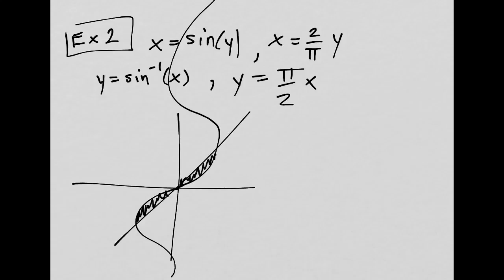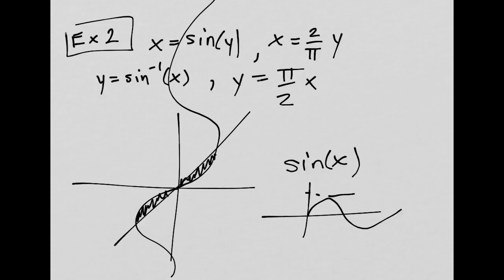Now we're trying to figure out where they intersect. I'm going to try and figure out this one. I know that for regular sine of x, my function looks like that, and the highest point has a y value of 1. Do we understand that?